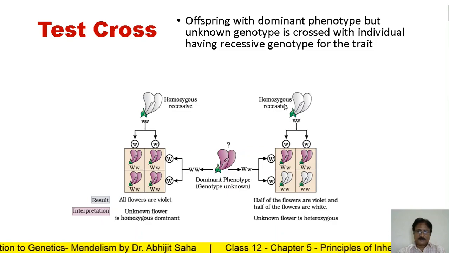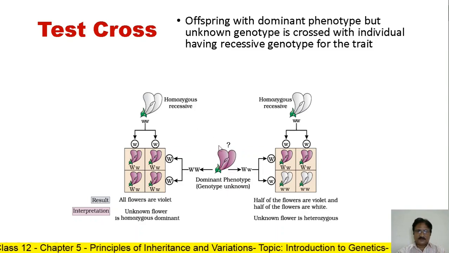Here let me tell you that recessive phenotypes always have homozygous genotypes. The recessive trait is always homozygous. So if we consider the alleles capital W and small w, then the white flower, since it is recessive, will have two alleles, small w, small w.